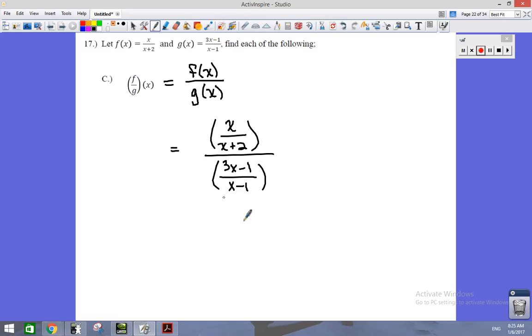So when you have a fraction within a fraction, they often refer to this as a complex fraction. And remember that this fraction bar, if you have 10 over 2, that's just another notation for division of 10 divided by 2.